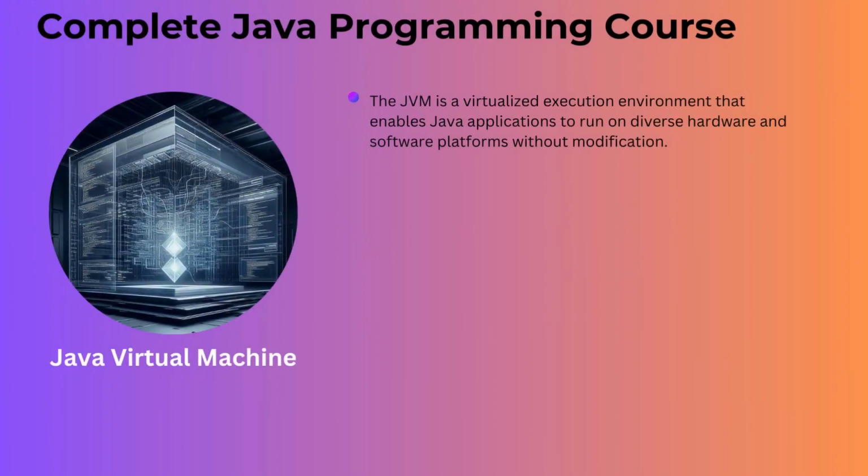So you can see we have the Java Virtual Machine, and the image portrays a kind of virtual computer. This is how it goes. The JVM is a virtualized execution environment that enables Java applications to run on any device, hardware, and software platform without any modification.